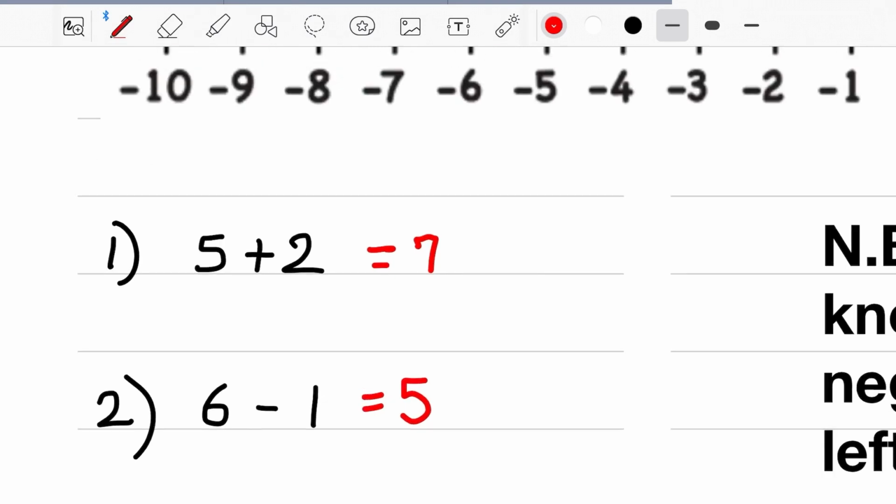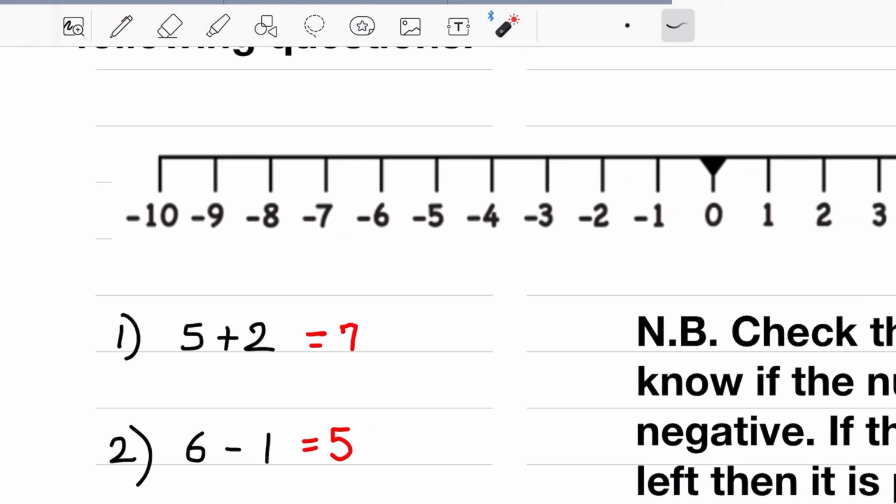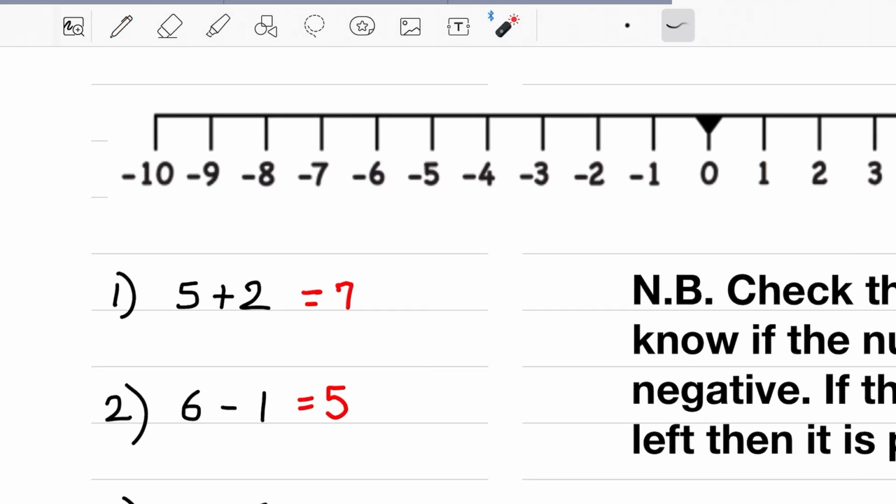For question 3, we have 3 minus 7. So we locate the number 3 on our number line. We are moving to the left, since the sign in the middle is a minus sign. And we are moving 7 spaces to the left.